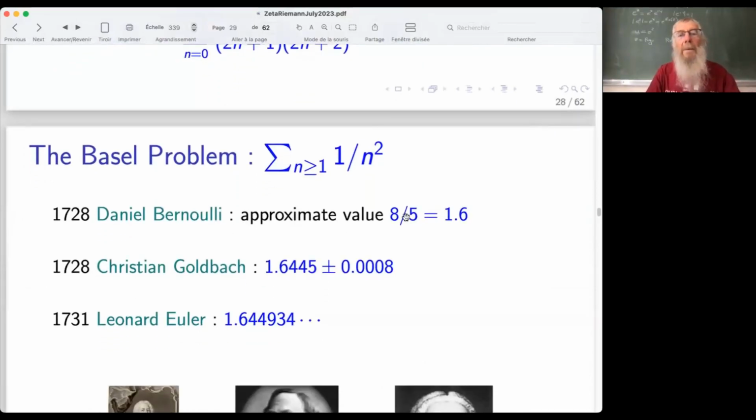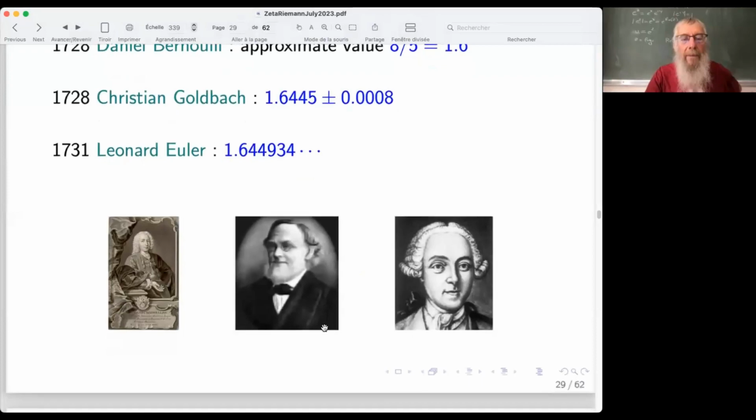For the Basel problem, the sum of 1 over n squared, Daniel Bernoulli found an approximate value, which was 1.6. Goldbach found a value which was 1.6445, and Euler computed it in 1731, and he found some more correct decimals.